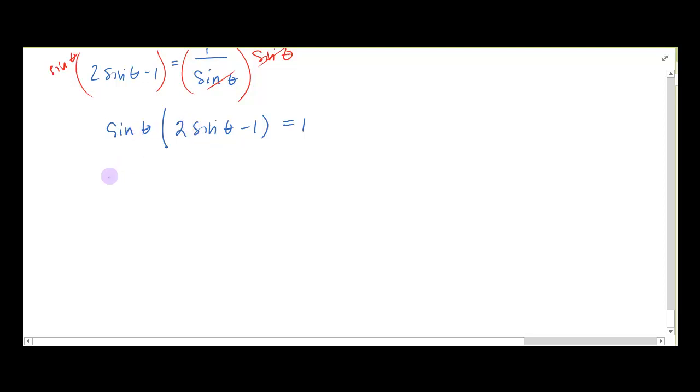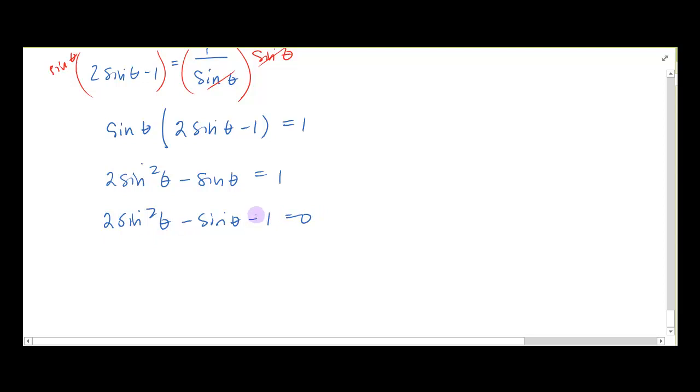So this becomes 2 sine squared theta minus sine theta is equal to 1, and now I'm going to subtract 1 to the left, and I get 2 sine squared theta minus sine theta minus 1 is equal to 0. Now let's factor this.